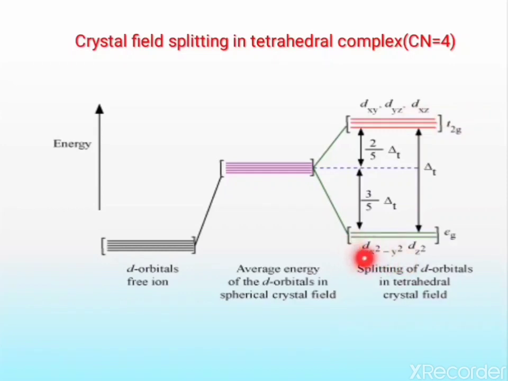The dx square minus y square and dz square orbitals experience less repulsion from the ligand field, hence the energy of E decreases. In this way, crystal field splitting takes place in tetrahedral complexes.